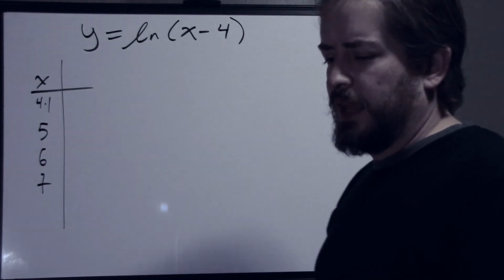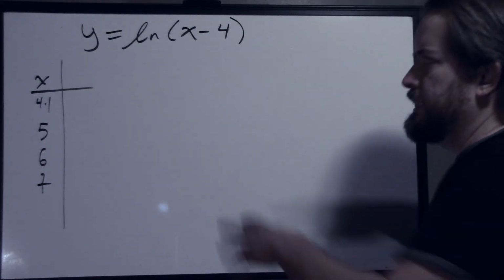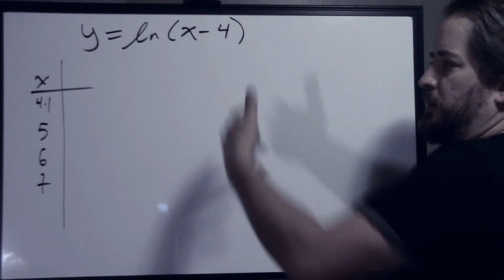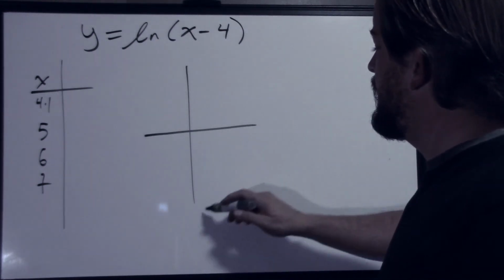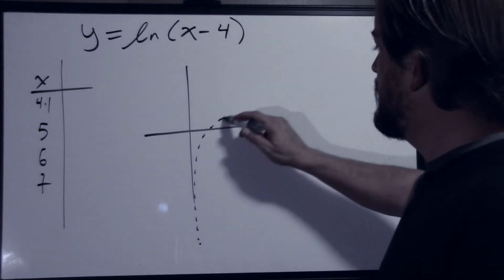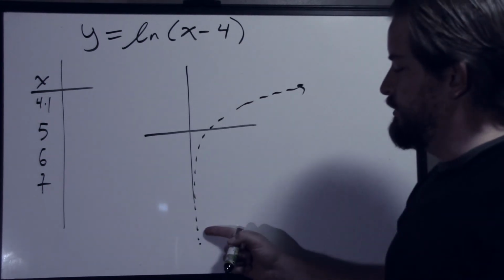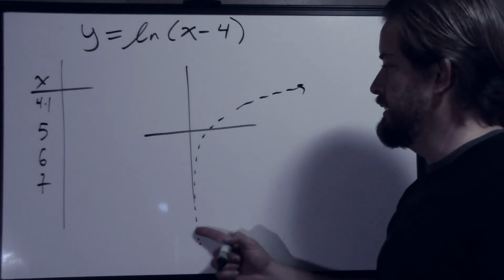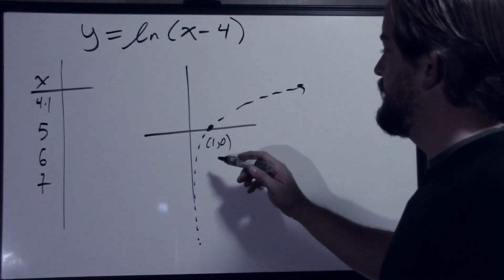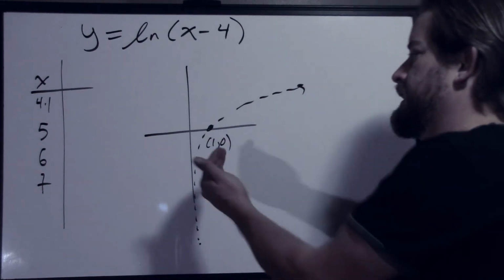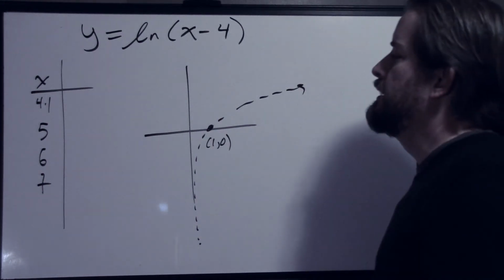But what's really going to happen here is that this thing is simply going to be shifted to the right by 4. So all I really need to know is that my natural log came asymptotically off of the negative y-axis, goes through this point 1, 0, and then goes off kind of as an exponential explosion in x.